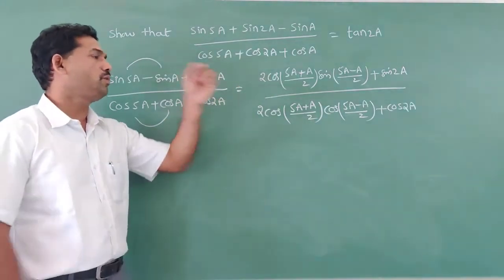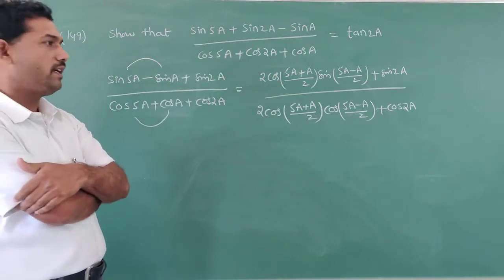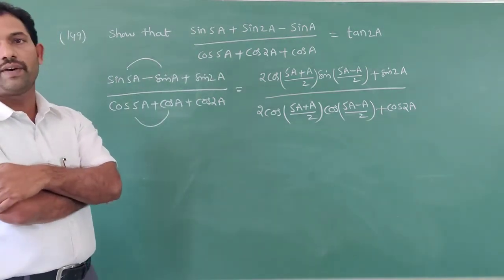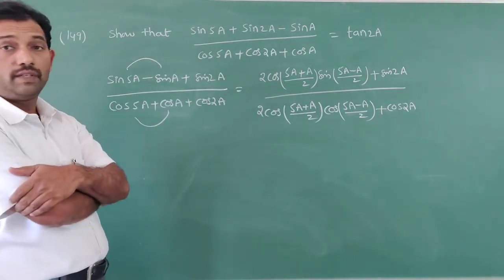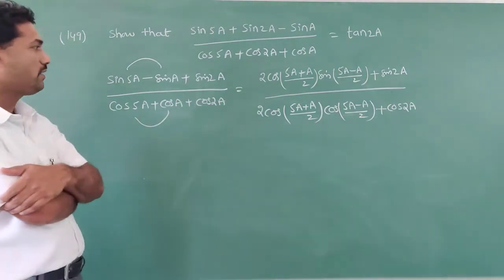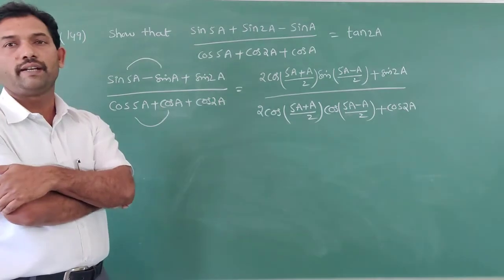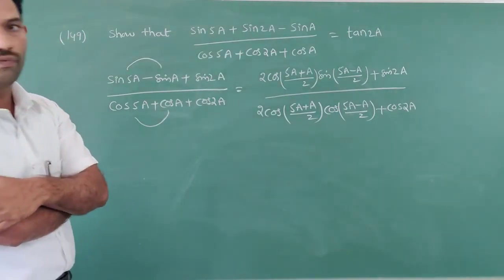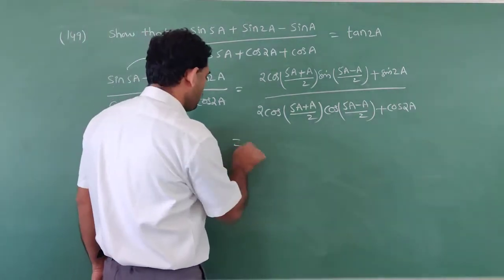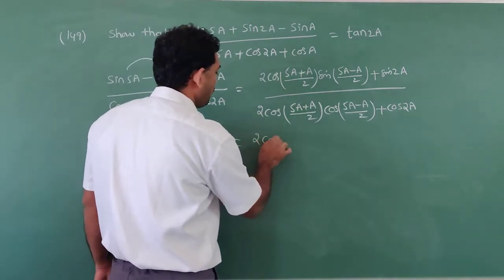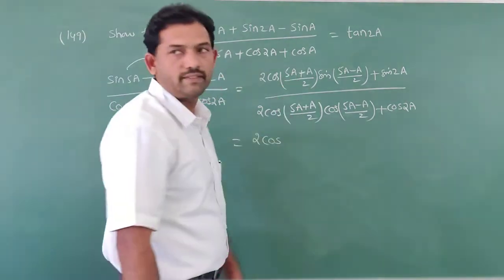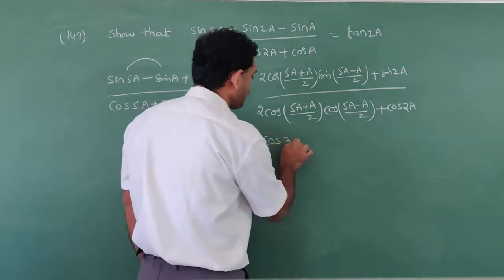First one, 2 cos (5a plus a) divided by 2, sin (5a minus a) divided by 2. Denominator, 2 cos (5a plus a) divided by 2, cos (5a minus a) divided by 2. Note fast. Next, simplify. 2 cos 5a plus a, 6a by 2 means 3a.